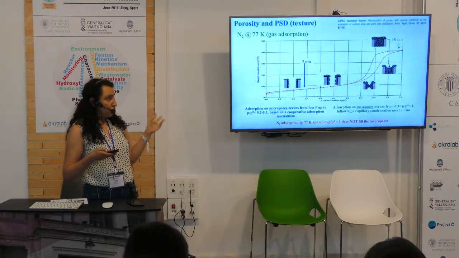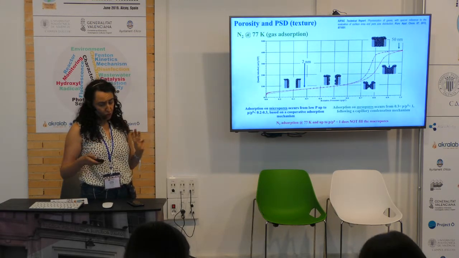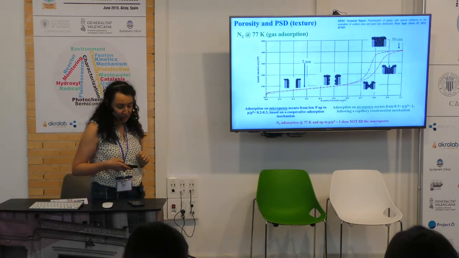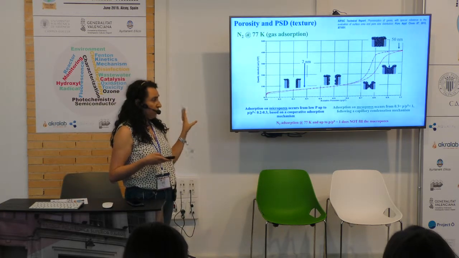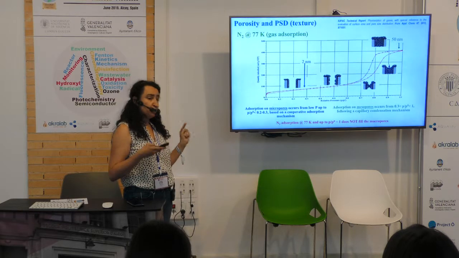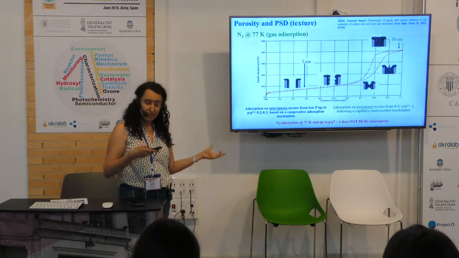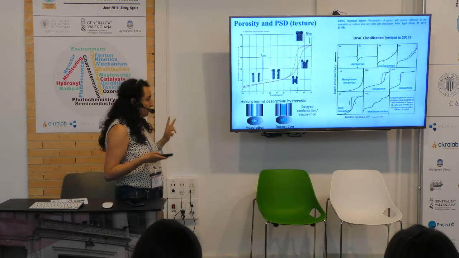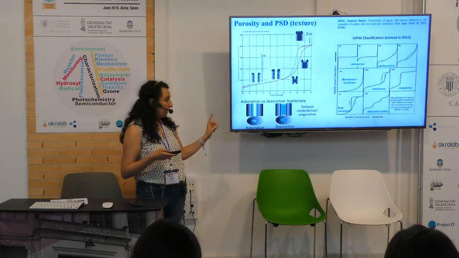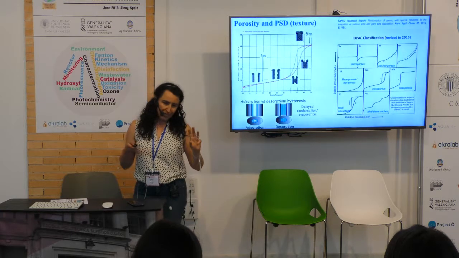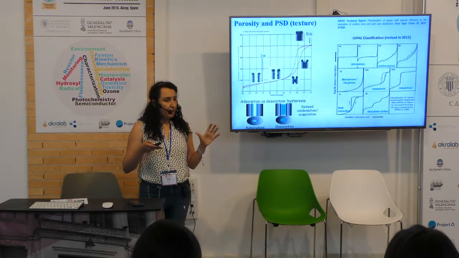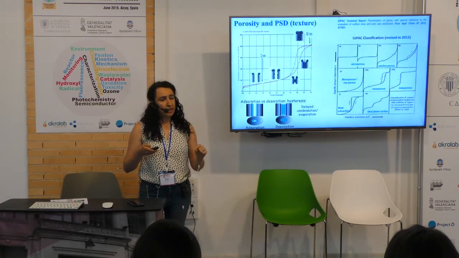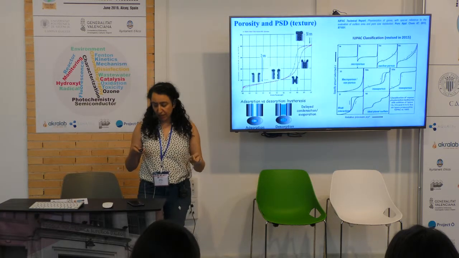There are some implications depending on the shape of the isotherms that we do not have time to go over, but it's pretty much related with the mechanism of adsorption and condensation of the gases inside your material. And also with the fact that the adsorption and the desorption follow a different mechanism, and that will be translated in a different shape in the isotherms.